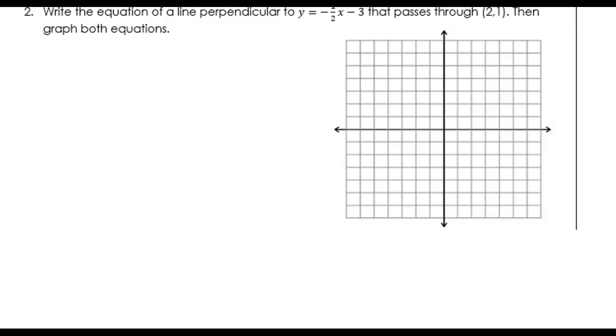So the first thing I need to do is find the slope of my perpendicular line. And remember that the slope of a perpendicular line is the opposite reciprocal. I'm going to say it a million times so that you guys understand what it means.